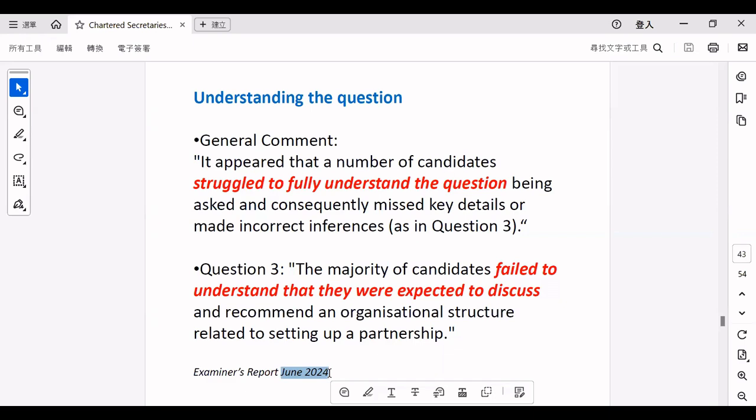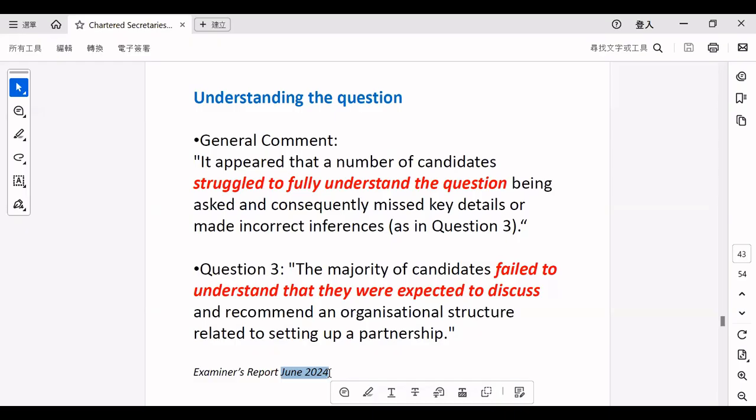So you have to go back to the question to see what the facts of the question are. But in all cases, you can see that it's a very common comment that appears year by year that candidates fail to understand the question.